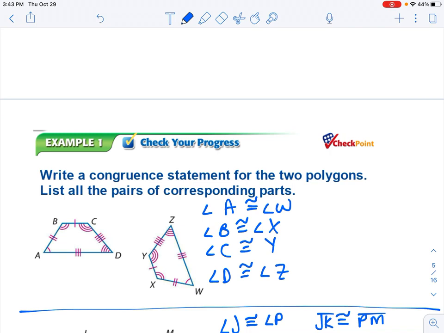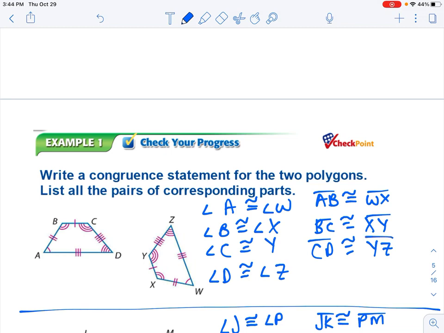It's nifty when they're in alphabetical order. That makes it pretty easy for us, like these ones are. All right, and then we need to write our congruent statement.